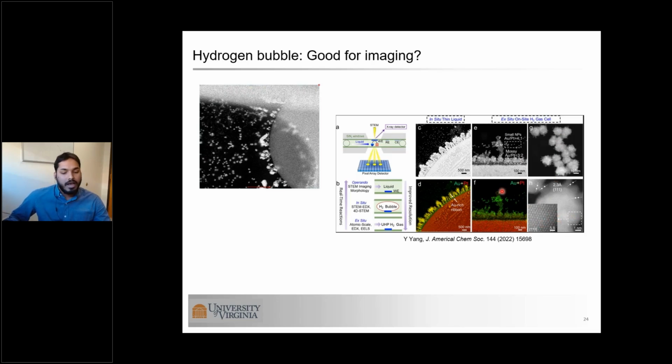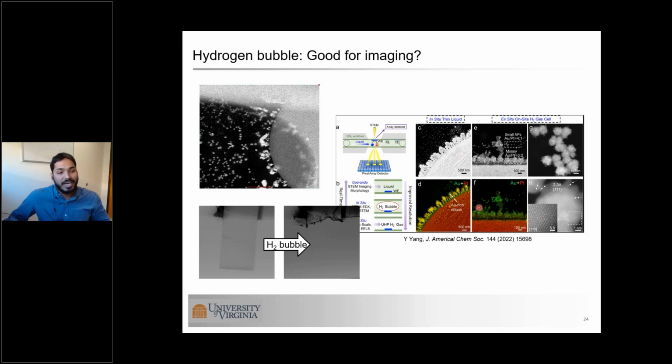But this approach is good for this kind of experiment. It doesn't, at least we have not been successful with our foil experiment. And when you generate bubble, it is possible that you might destroy the foil, and that is what you see here.